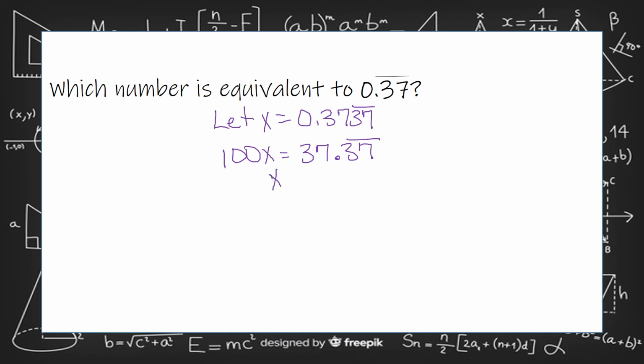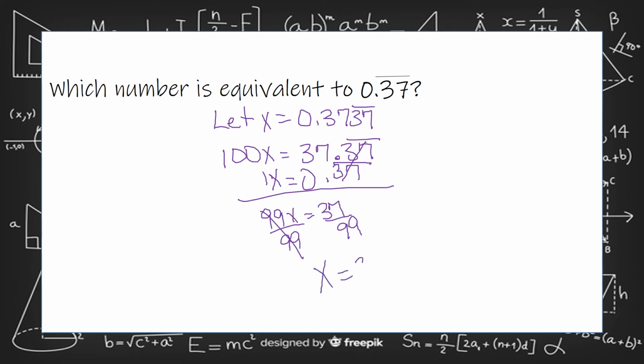So I'm going to rewrite x here. Okay. So 100x minus 1x gives me 99x. The 37 repeating will go away, and we're just left with 37. Now we can solve. 99 is being multiplied by x, so to get rid of it, we divide. And x equals 37/99.